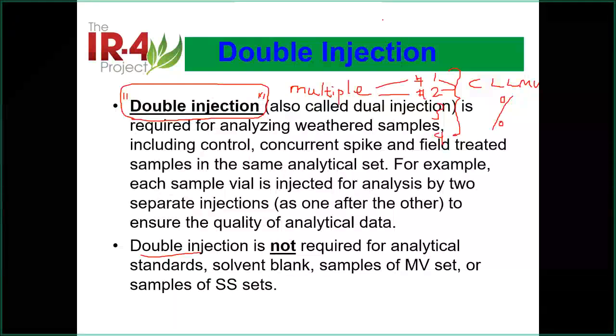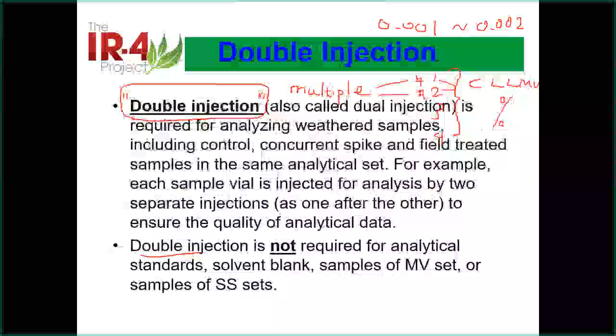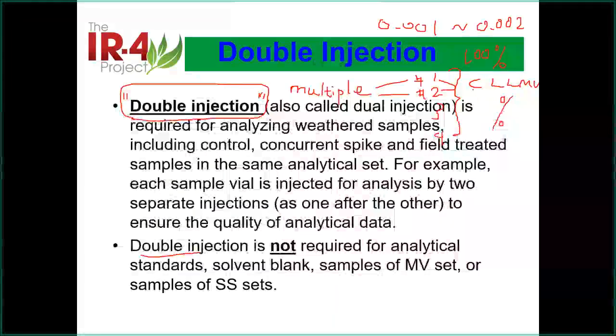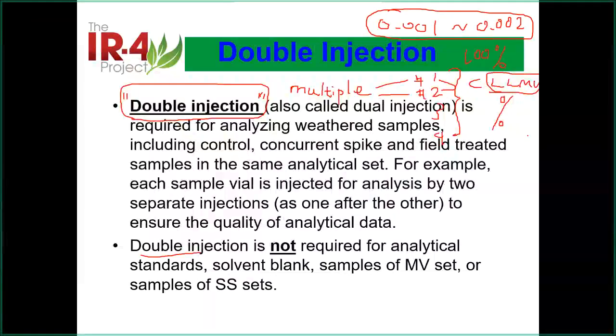If one number is 0.001 versus another number 0.002, this will be 100% error, which analytically is not acceptable at all. But for our work, we know this is way smaller than the LLMV we need, which is 0.01. We don't care. So in this case, we will accept the data.